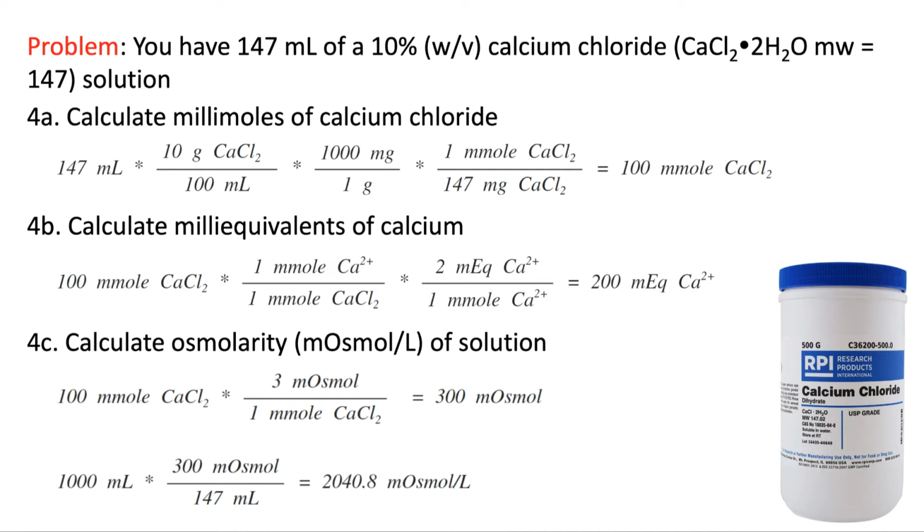So we take 1,000 milliliters times 300 milliosmoles for every 147 milliliters, milliliters cancel, and what we get is a final value of 2,040.8 milliosmoles. And that was the number of milliosmoles for a liter, which means that's our osmolarity. Our final answer to letter C would be 2,040.8 milliosmoles per liter, and that represents the osmolarity of that solution, which ends question number 4.